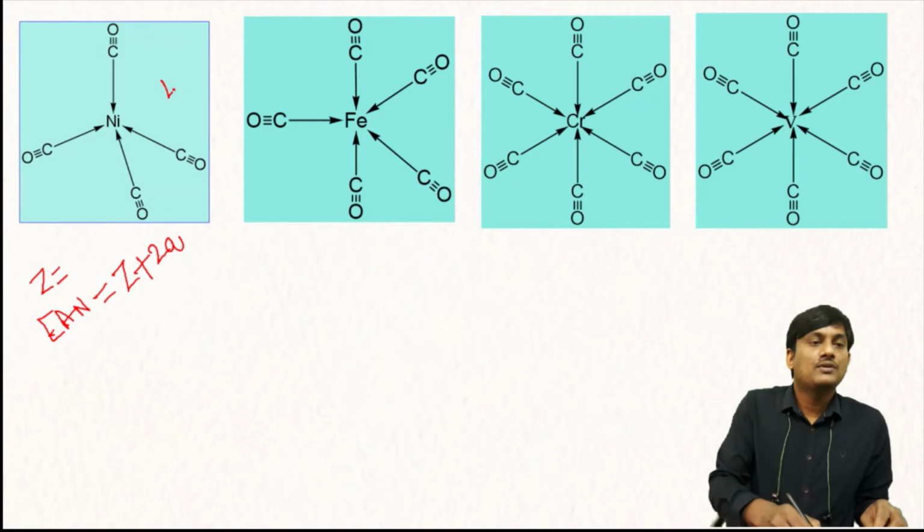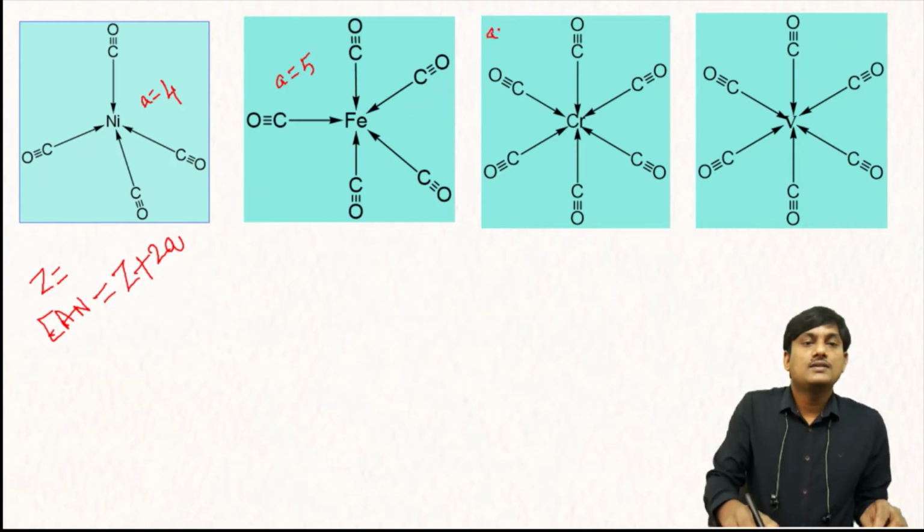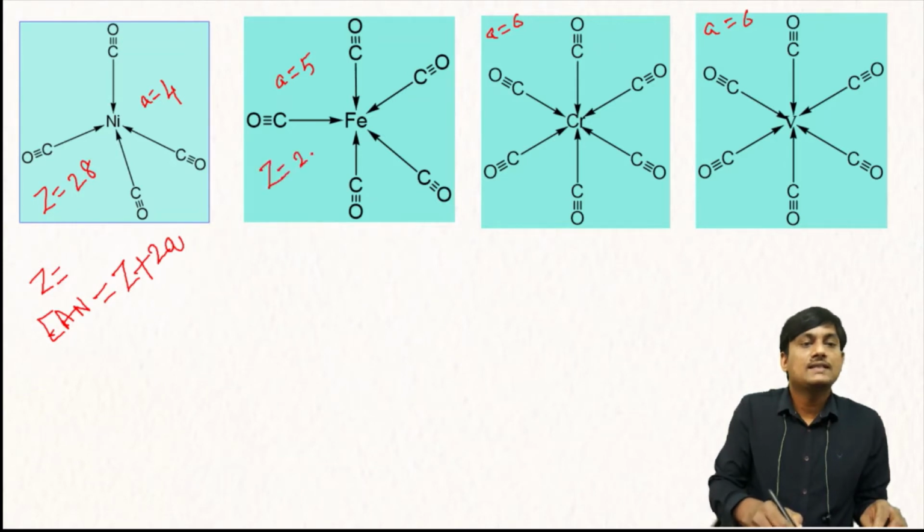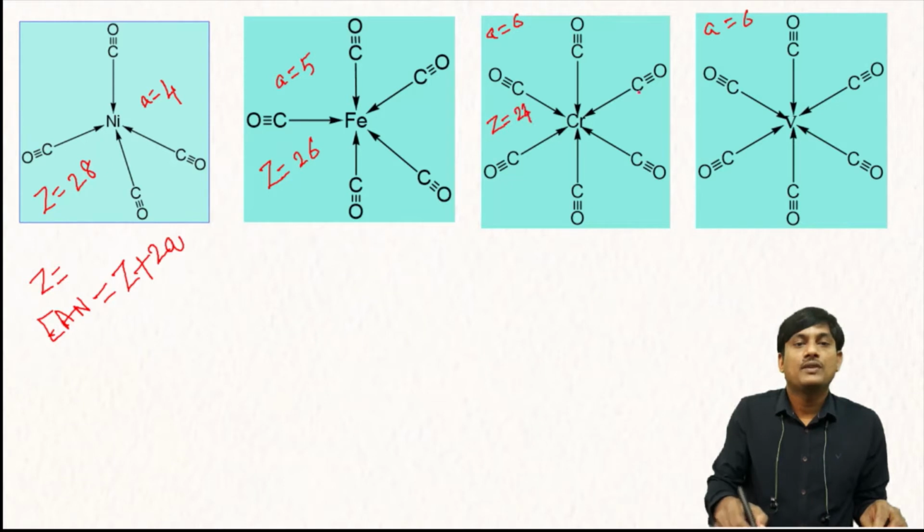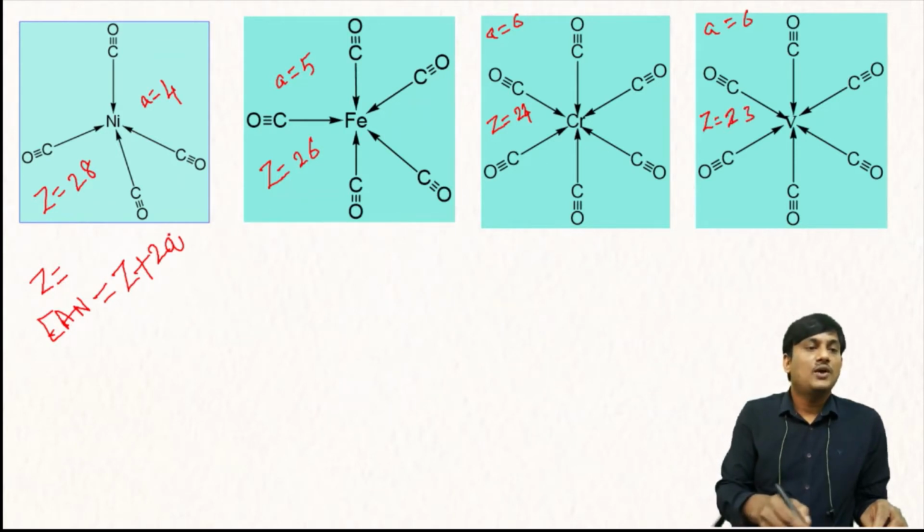Here A is equal to 4, here A is equal to 5, here A is equal to 6, and here A is equal to 6. And what is the Z value? Nickel is 28, iron 26, chromium 24, and vanadium 23.